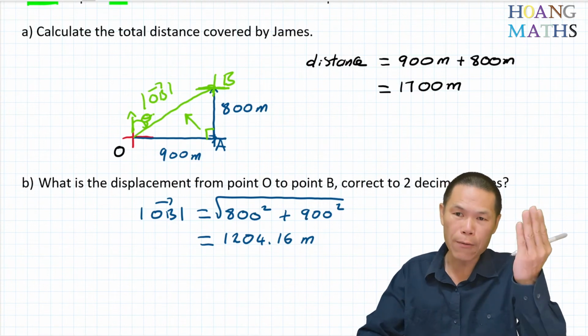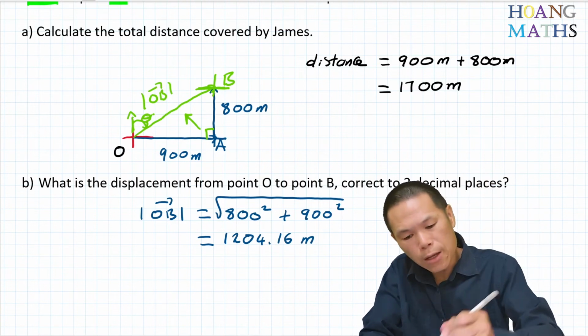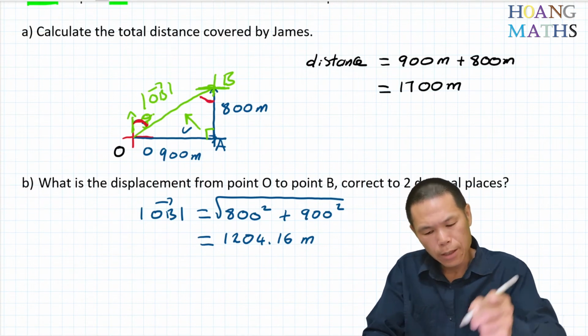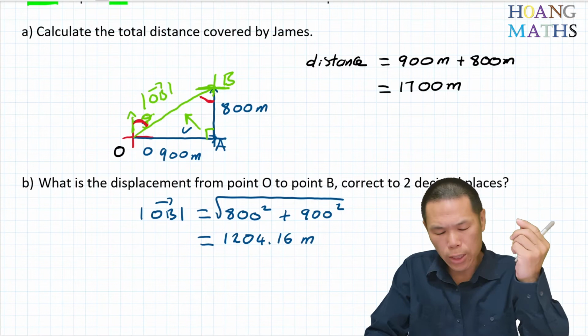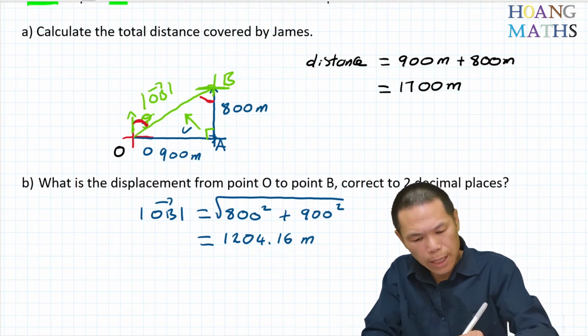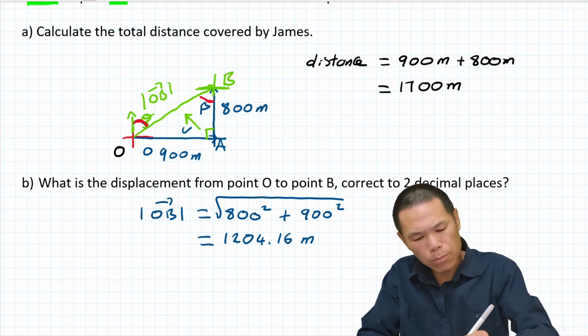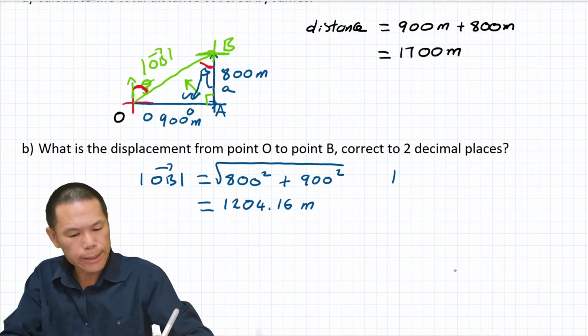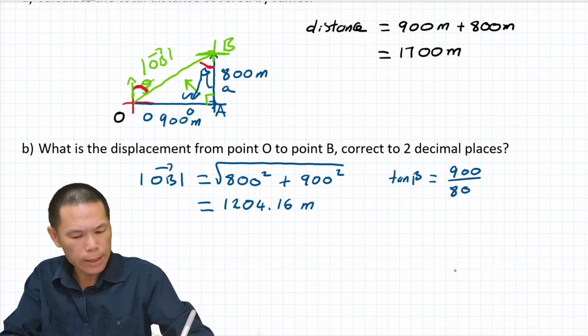So we need to find the direction. Angle theta is equal to this angle here, because alternate angles in parallel lines are equal. We name this angle beta. To work out beta, we have the opposite and the adjacent, so we use tan. Tan of beta is opposite, that is 900, over adjacent, that is 800 meters.